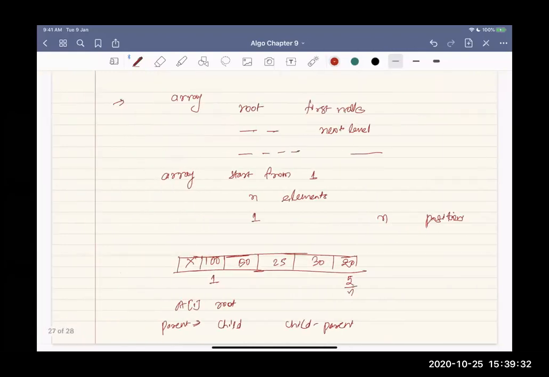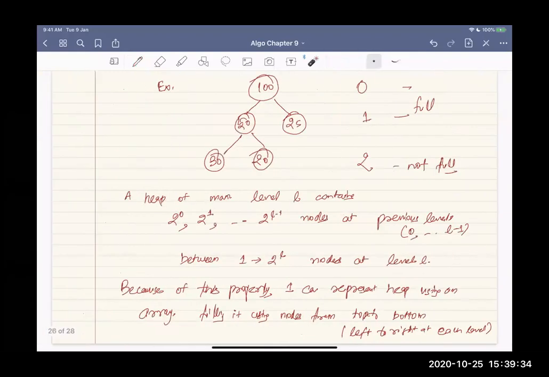You can go back and check. Here was index 2, and where were the children? 4 and 5. Similarly for index 1, they were at 2 and 3.